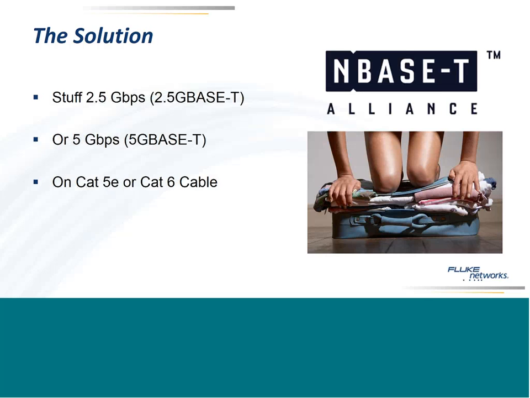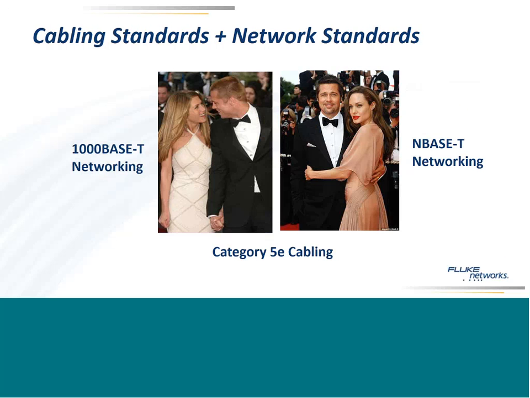It'll certainly work on Cat6. So through clever signaling and electronics and magic and stuff, they managed to make this work. So now you can install NBASE-T or 802.11ac over your Category 5e cabling.